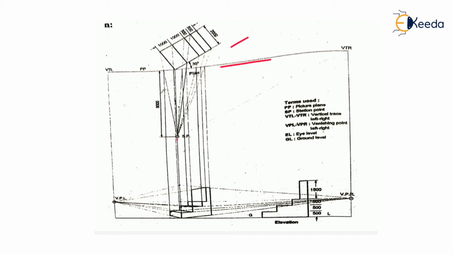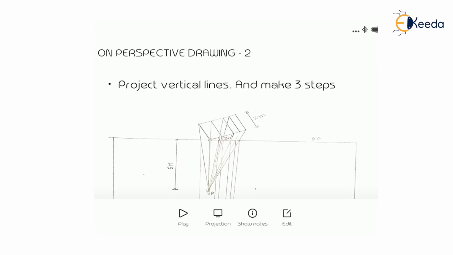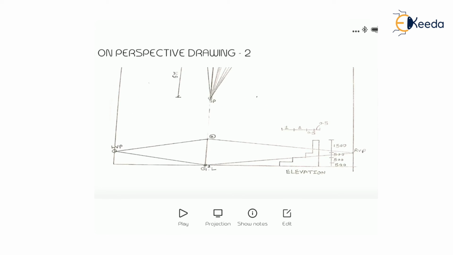Also we draw the SP point, then the GL line, and from that GL we mark the VLP and RVP at the center of the height. As the total height is 3 meter, the center of the height is 1.5 meter, that's why the VLP and RVP points are located at a height of 1.5 meter.